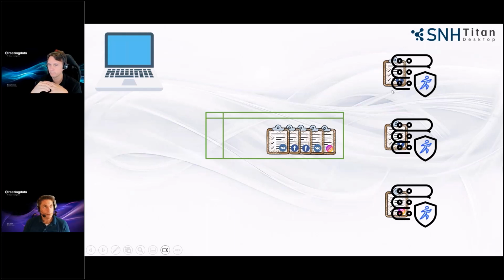This system is prepared by adding your avatars, so your sock puppet accounts, for investigation. This is what also has not changed in the SNH Titan version. You need your own accounts, so you have to bring your own sock puppet accounts with you and add them into the profile management.